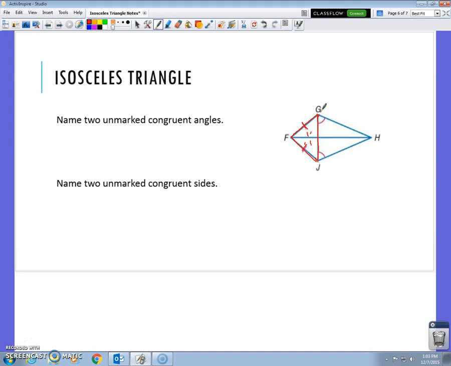So in this case, I know that angle FGJ must be congruent to angle FJG, and that's through the isosceles triangle theorem. It tells me if I have sides, then I know the angles must be congruent.